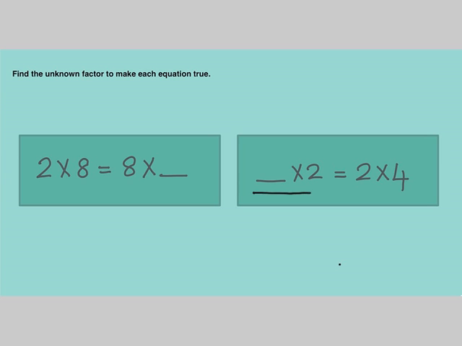And in this, dash times 2 equals 2 times 4. I'm changing the order of 2 times 4 into 4 times 2. So the unknown factor here is going to be 4. 2 times 8 is 16 and 8 times 2 is also 16.